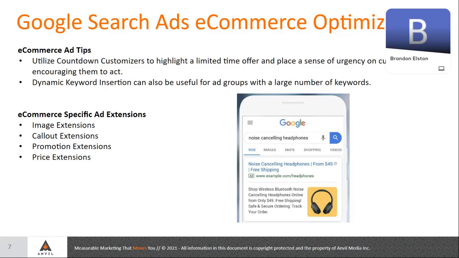So for image extensions, what you want to have, you can see in the example there, is a square image featuring the product. You really want it to be a clean image. So when you look at the image, if you had nothing else around it, you could understand what that ad was advertising. You want to make sure the product is featured in the center 80% of the image.